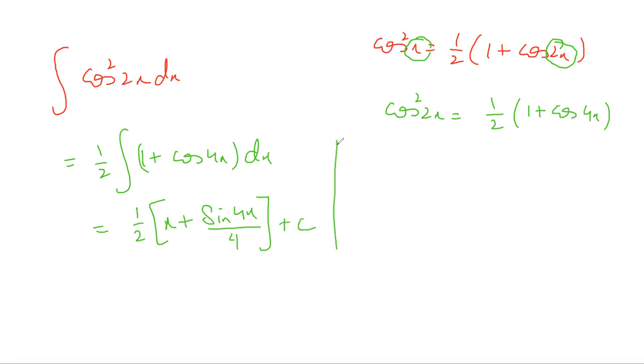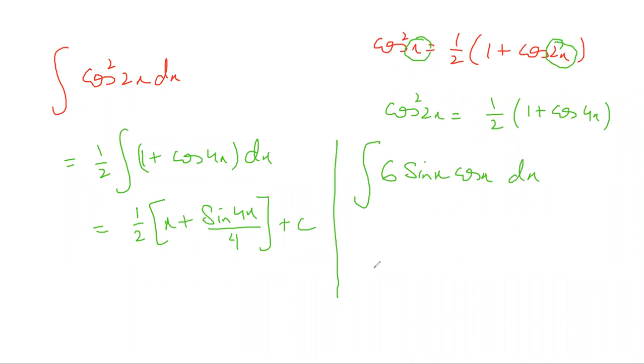And one last thing, sometimes you have to integrate something like this. Suppose you have 6 sine x cos x. Again, there is no product rule that can help us integrate products like this. So you have to recall the sine 2x formula.